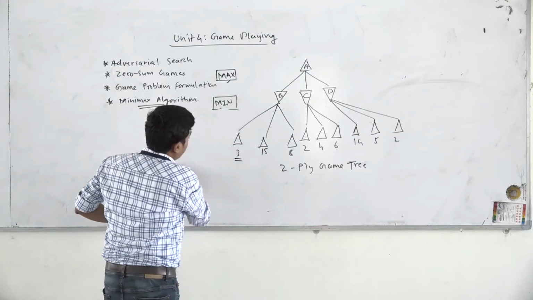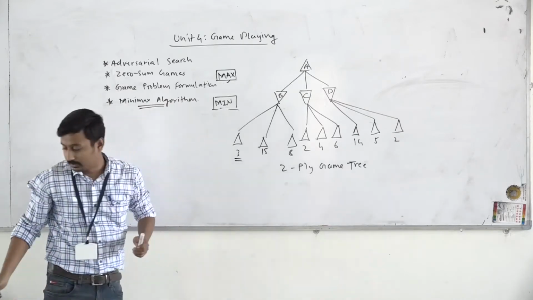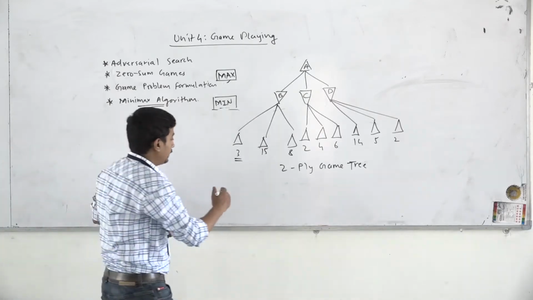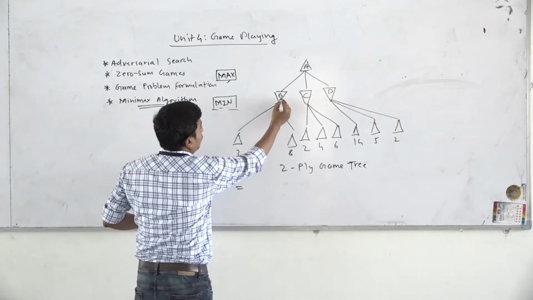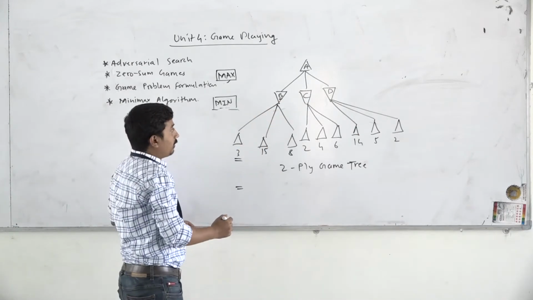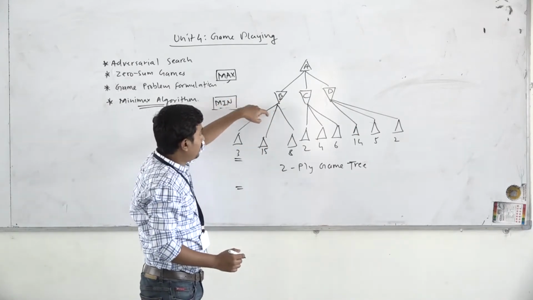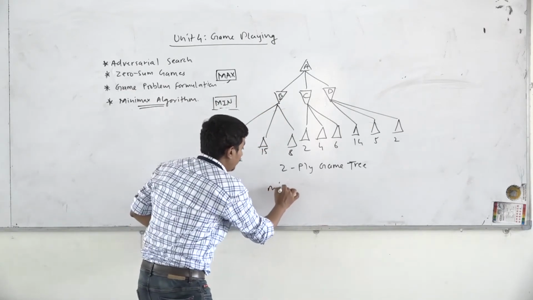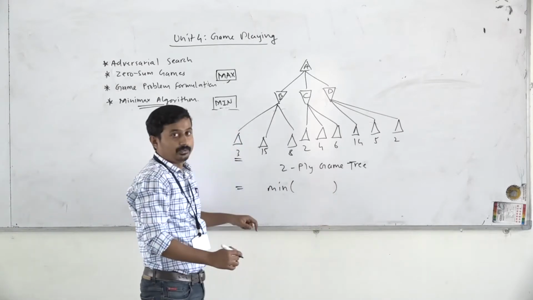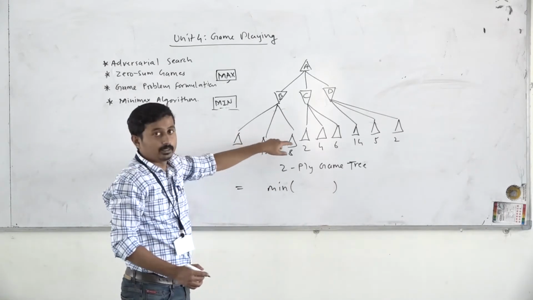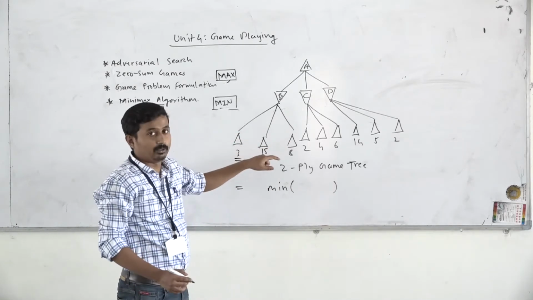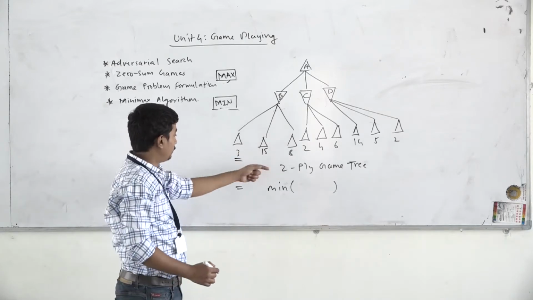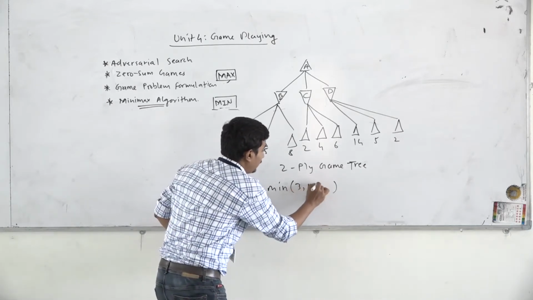We saw the recursive definition of the minimax algorithm in the previous class. It says the minimax value of this player B will be the minimum of the minimax values of its children. As the children are leaf nodes, their minimax values will be their utility values, which are 3, 15 and 8.